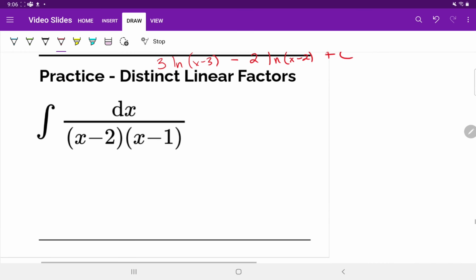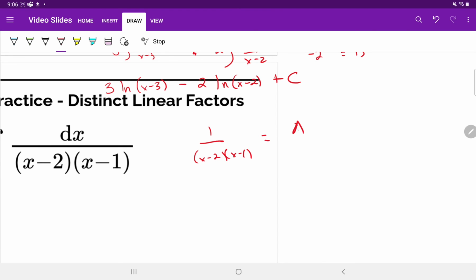Let's do another one right here where it's already factored for us, so this is nice and easy. I'll say 1 over (x minus 2)(x minus 1) is equal to a over x minus 2 plus b over x minus 1. And I'll multiply by everything, so I get 1 is equal to a times (x minus 1) plus b times (x minus 2).